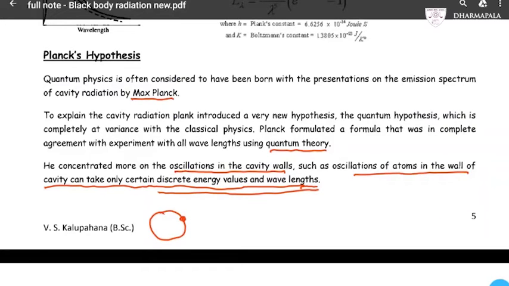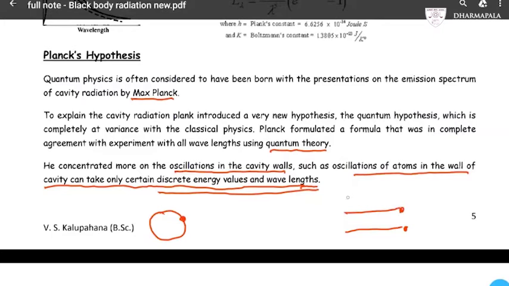They are vibrating and they have energy, but these atoms have discrete energy values, not continuous energy values. The lowest energy level of that atom is this, and by absorbing energy, they can move up to higher energy levels.